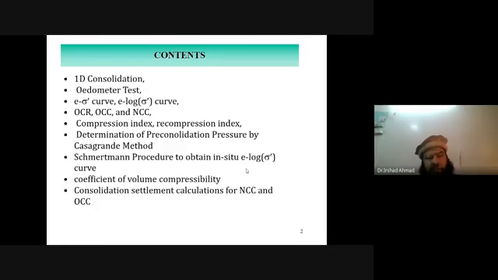Then we would discuss compression index and recompression index, determination of pre-consolidation pressure by Casagrande method, and some field correction to this curve, coefficient of volume compressibility, consolidation settlement calculation for NCC and OCC clay. These are the topics that deal with the first part of this chapter. And then we have a second part of this chapter. Both we would discuss.